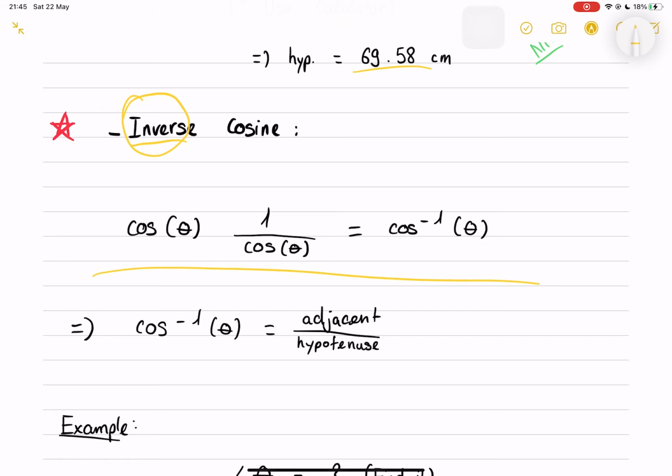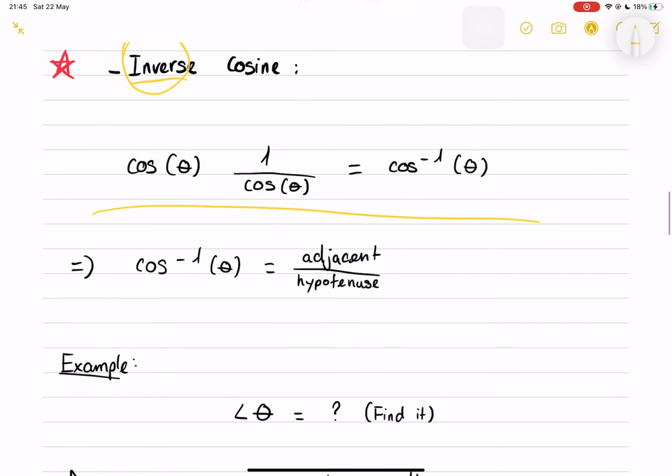We got the formula for it: cosine to the power of -1 of adjacent over hypotenuse equals the angle. This formula is used to find the angle of the triangle if we know two sides of it.